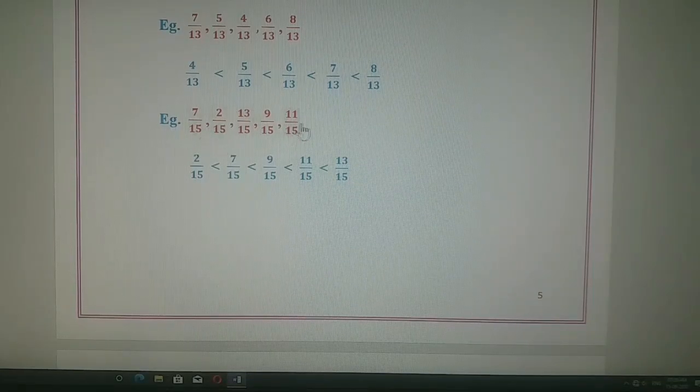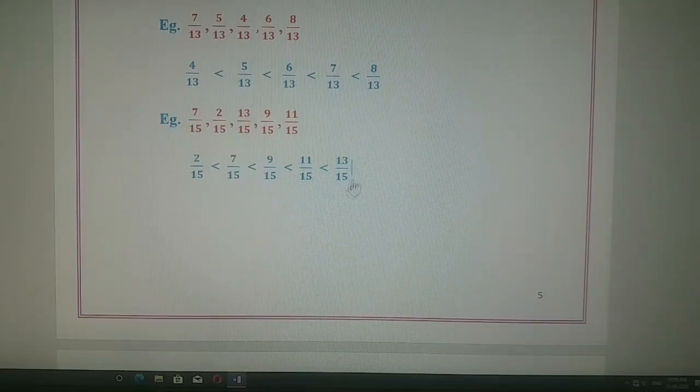Now if we have to arrange them in ascending order from the smallest fraction to the greatest fraction, since their denominators are the same, we have to check out the fraction having smaller numerator. Here 2 is the smallest numerator, and then bigger than 2 will be 7, then 9, then 11, then 13.